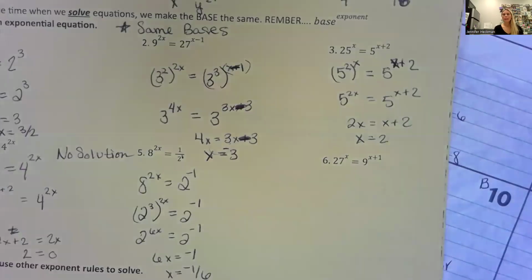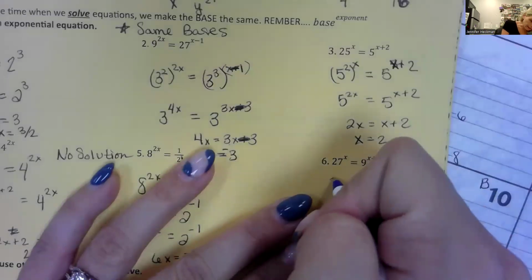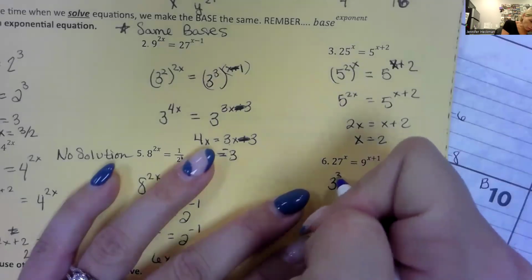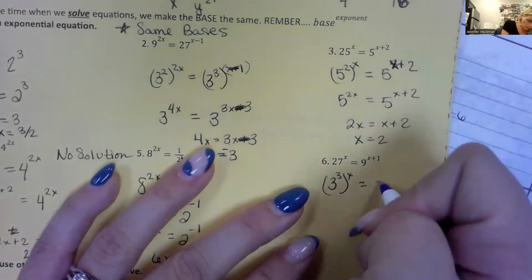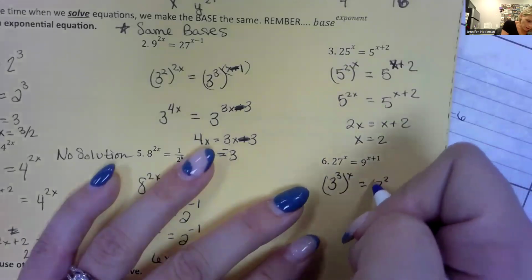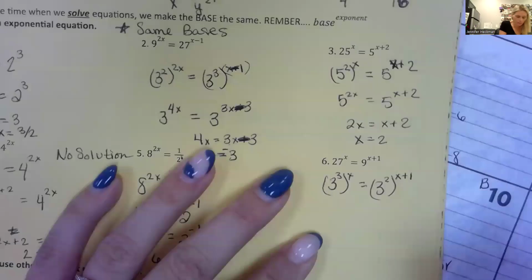Next one. 27 and 9. Well, great thing is we already did number 2, right? So we already know it's 3. So 27 is 3 cubed to the x equals 3 squared to the x plus 1. Don't forget to distribute there.